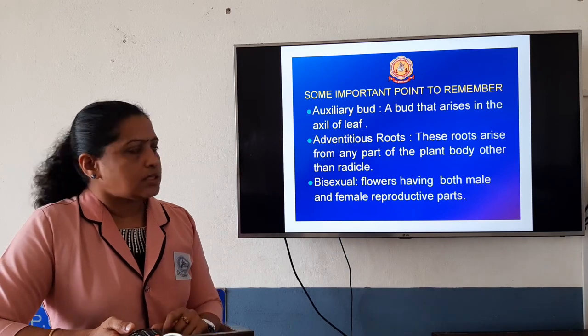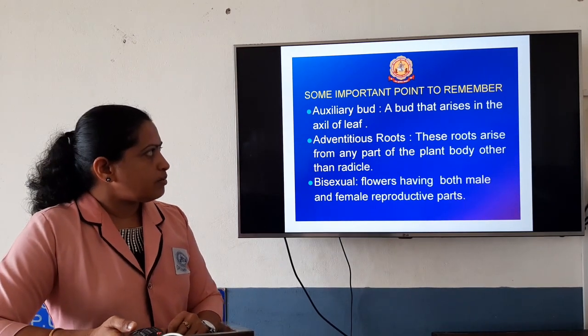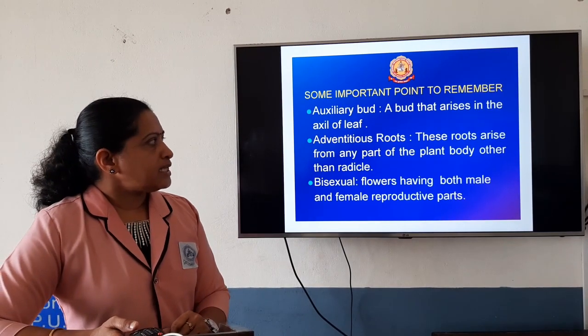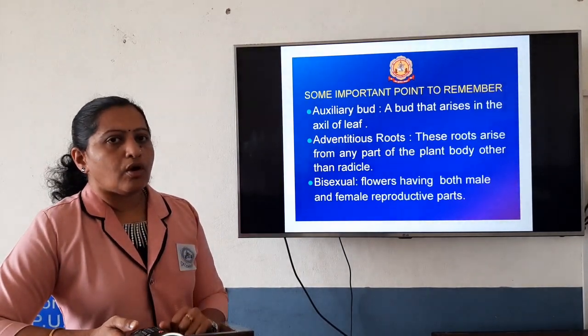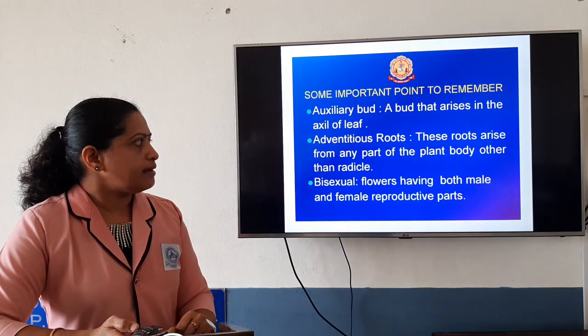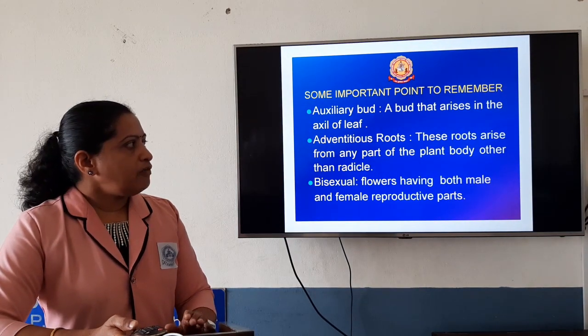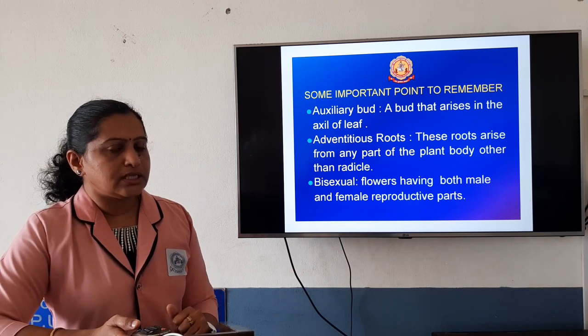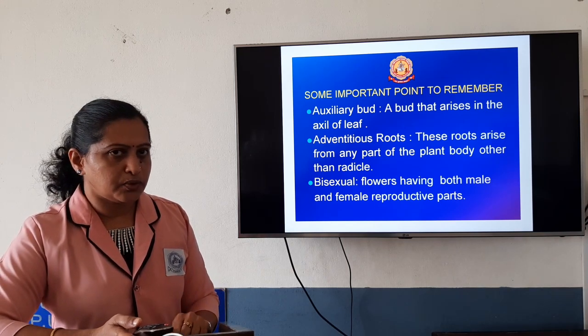So just go through these important terminologies and remember these points. Axillary bud. The bud that arises in the axil of a leaf is known as an axillary bud. Adventitious roots. We have already discussed two kinds of root system, that is taproot as well as fibrous root system.